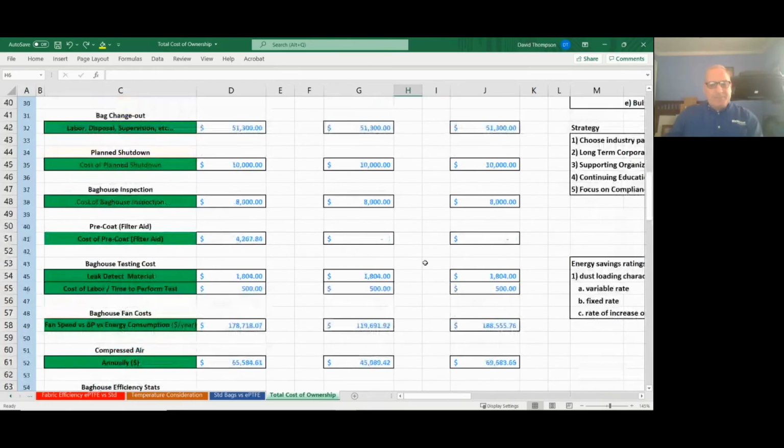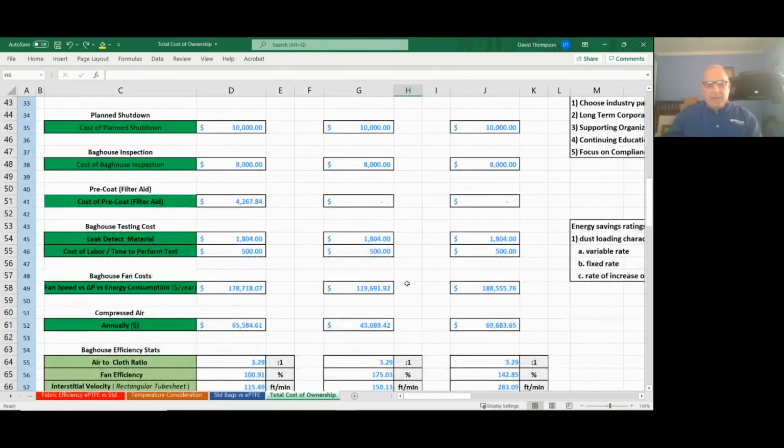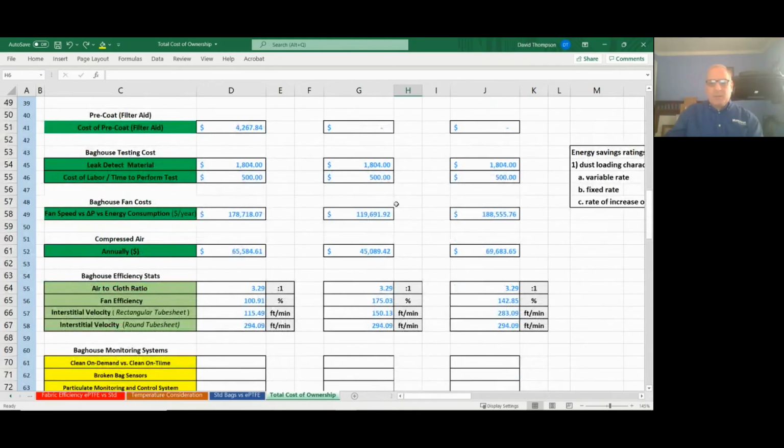But in the end, when we look at the type of fan, the horsepower consumed by the fan, and the air flow the fan produces, and the cost of it, and then the cost of compressed air for cleaning bags, the changes begin to become quite evident.